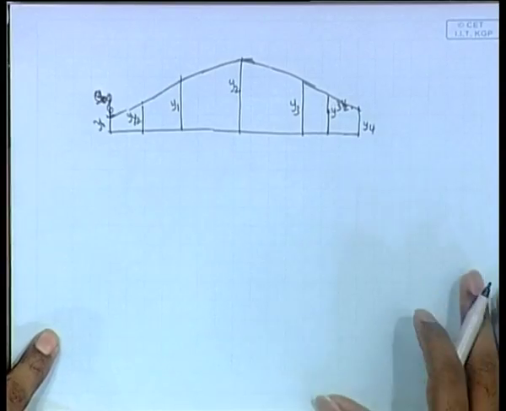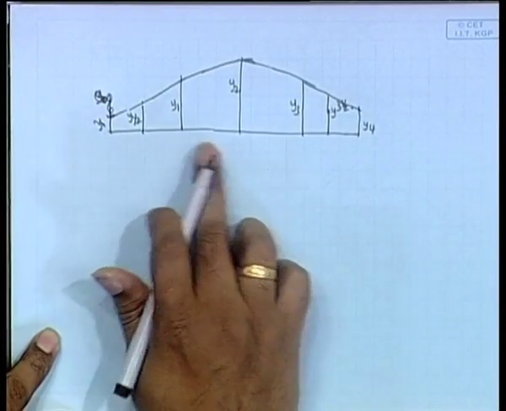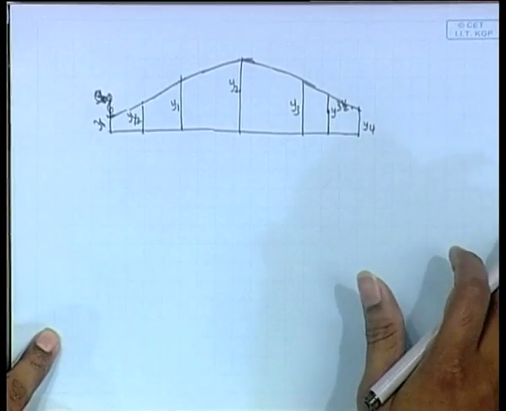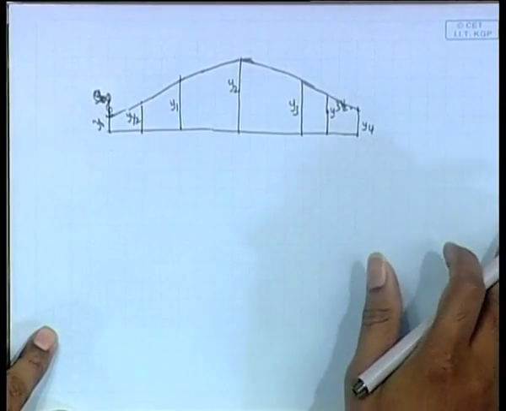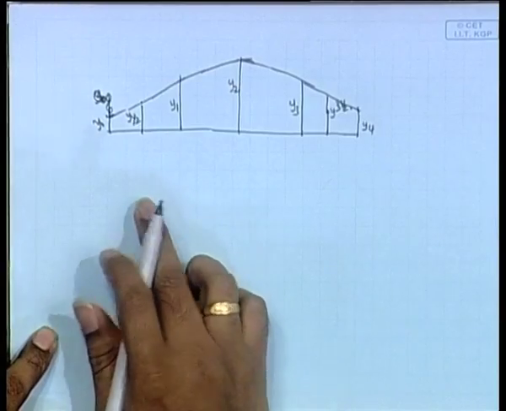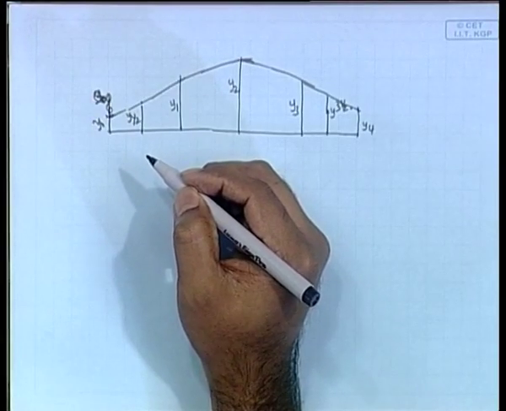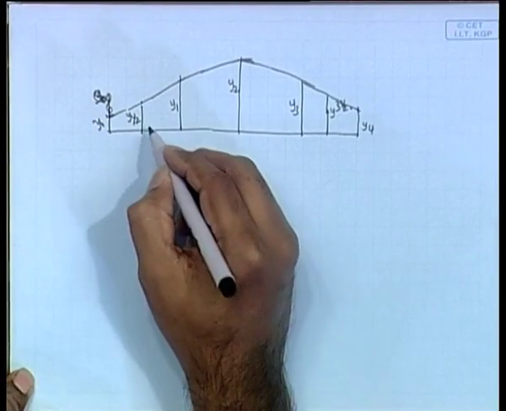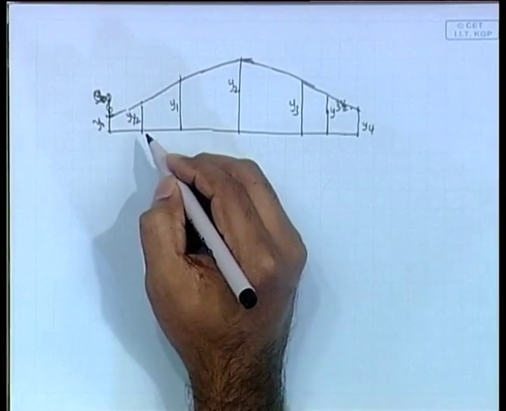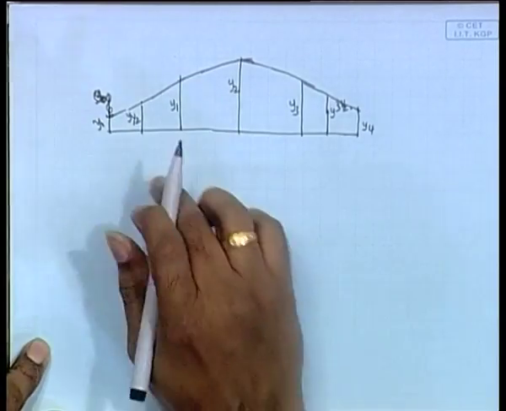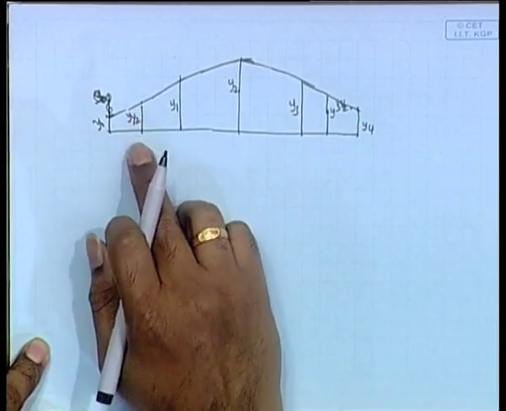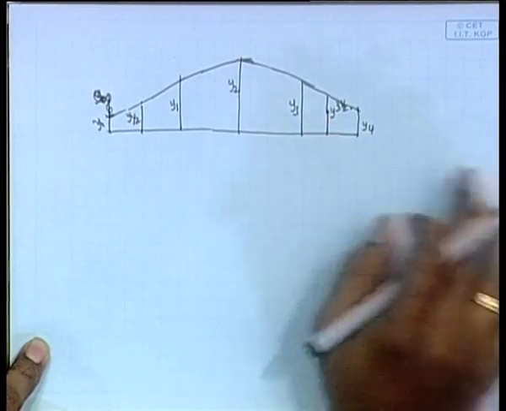Now of course we will use 1, 2, 3, 4, 5, 6, 7. We can use Simpson's first rule because it is 7. But this is the problem we have: you have a y half, a half station, and a 3 and a half station.